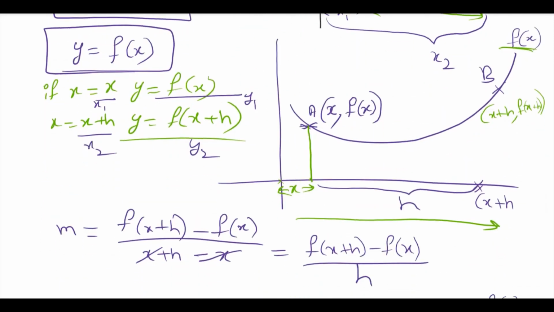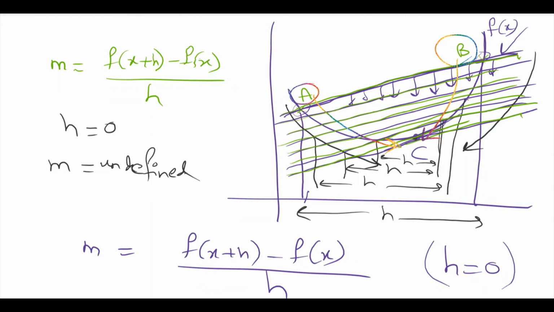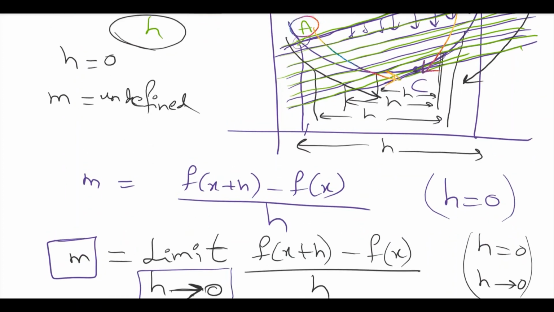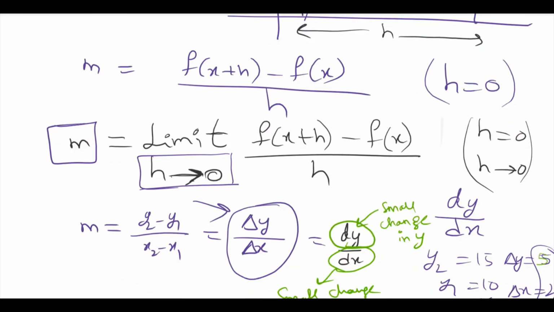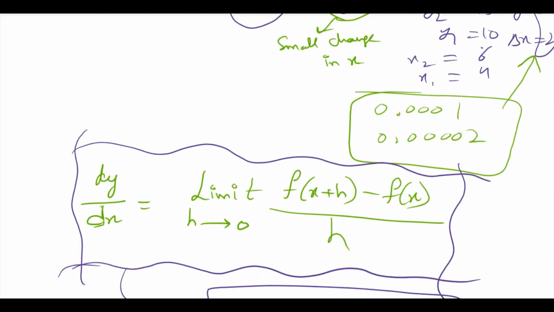From slope, if I apply this concept to the function f of x, and if I take a line AB, as this line approaches a single point, it becomes a tangent, and at this tangent my denominator value is tending towards 0. But we should be able to define this. So instead of defining for exactly equal to 0, we can just approach the value of 0 closer and closer. And that's how this concept evolved.